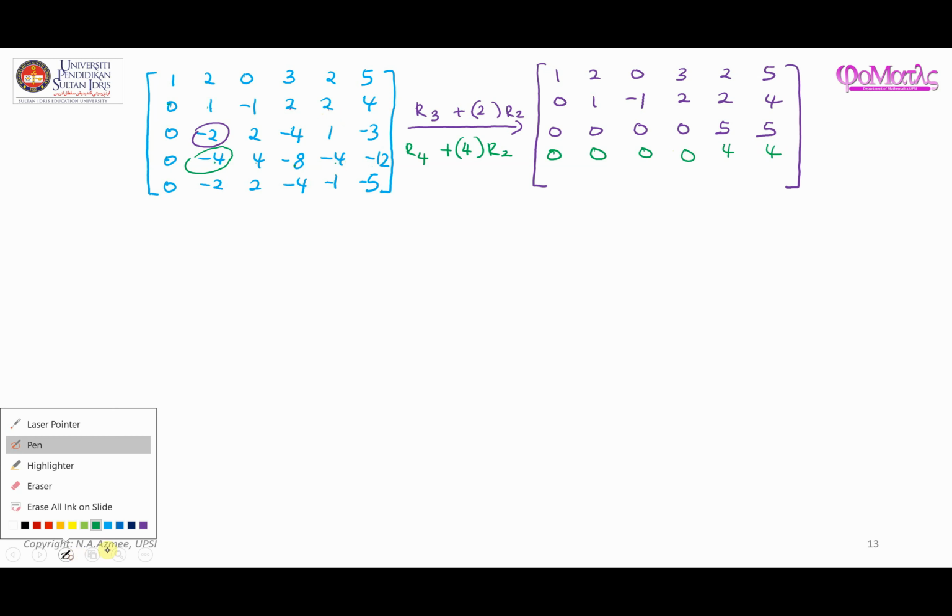Wow, okay, next. Turn this into 0 as well. So that would be the fifth row plus 2 of the second row.